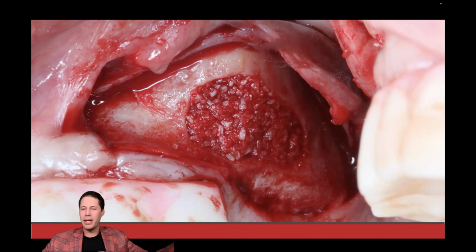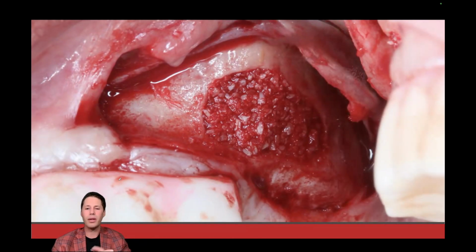So I'm packing laterally first every time I'm putting that graft material in to avoid any voids in the maxillary sinus. By using the periosteal in sweeping motions back and forth into the sinus, you'll get good condensation of that bone graft. Again, just another view here.